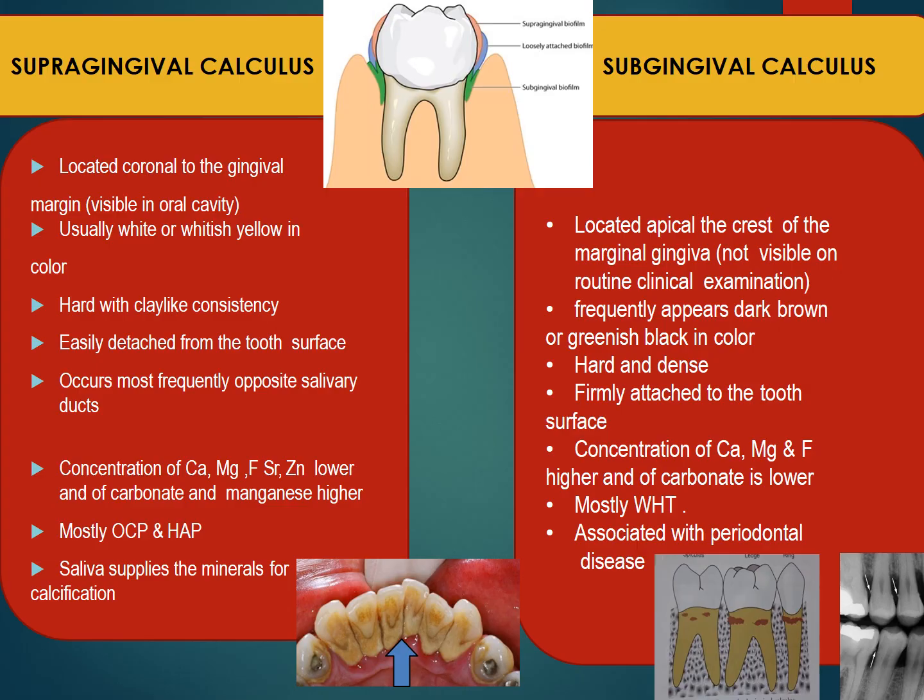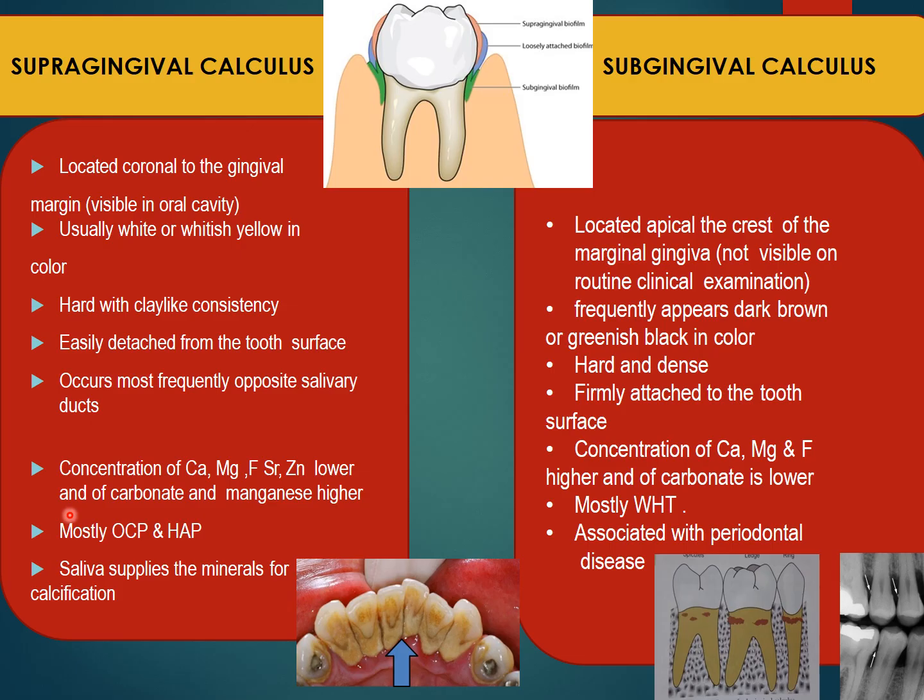Coming to the differences between supragingival calculus and subgingival calculus. They generally occur together, but one may be present without the other. This can be detected by careful tactile perception with a delicate instrument called an explorer.